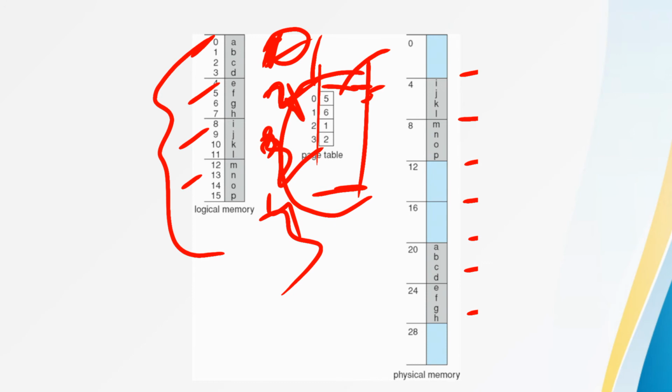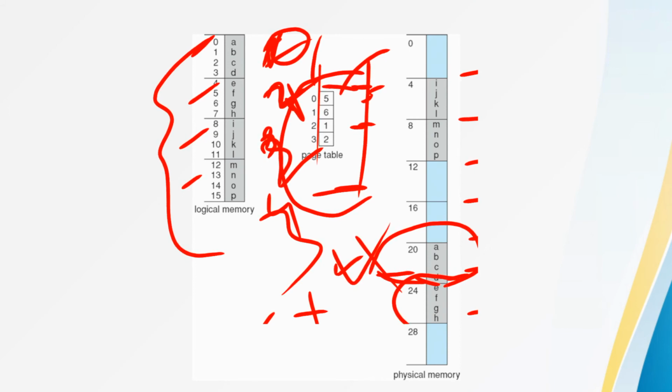So this 20 is mapped with page 0, that is A, B, C, D. Okay, and page 1 has frame 6, 6 into 4, 6 4s are 24. So the remaining E, F, G, H is mapped there.